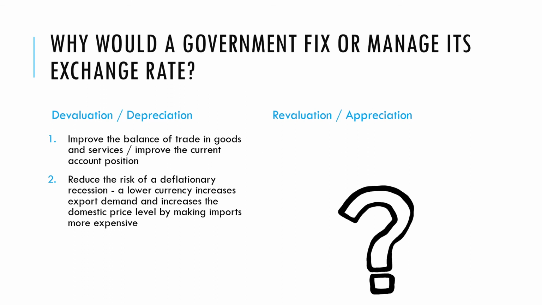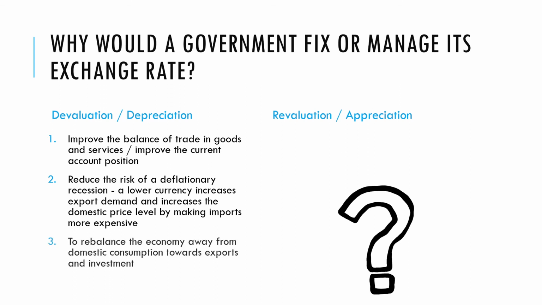A lower currency increases export demand and increases the domestic price level by making imports more expensive, so this might reduce the risk of deflation. It might encourage inflationary pressure. Also, this might rebalance the economy. We might be very heavily reliant on domestic consumption to provide economic growth, and so this might move us towards a more balanced makeup of aggregate demand.